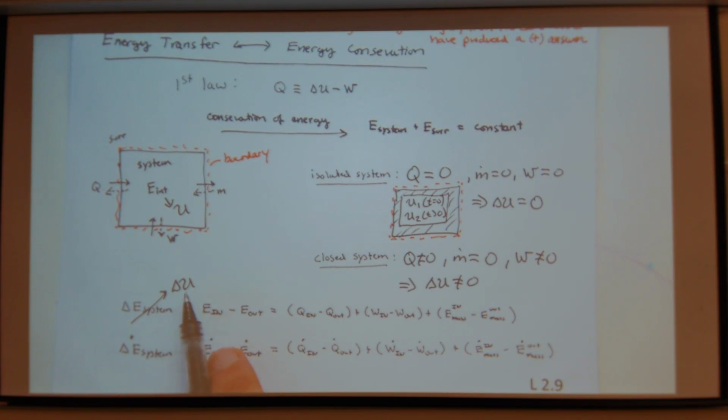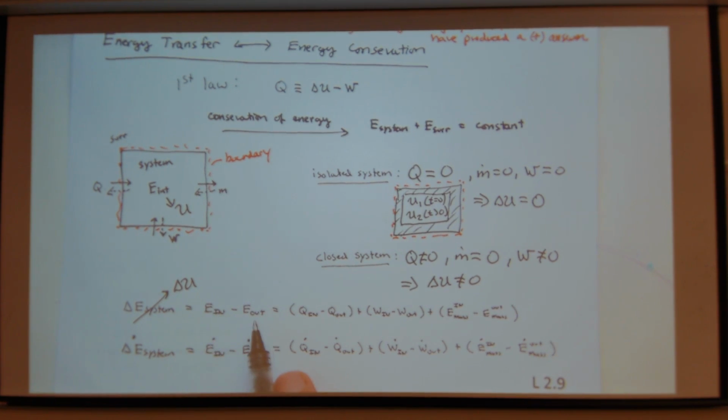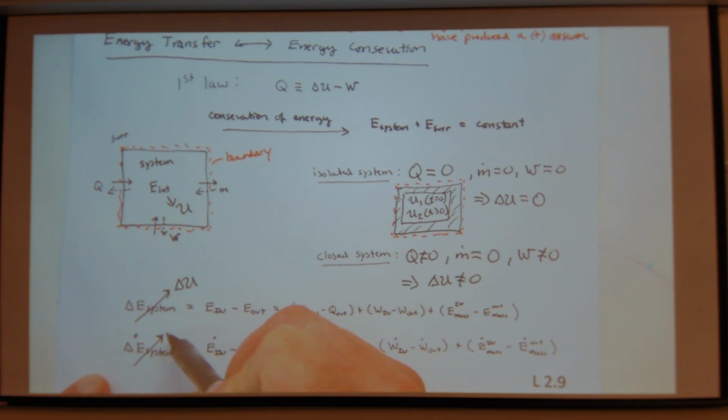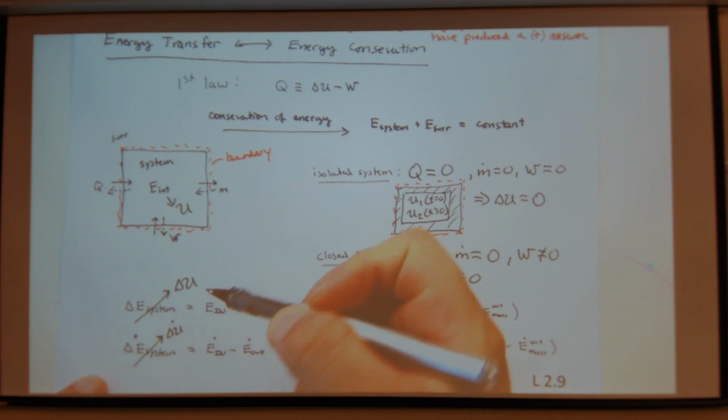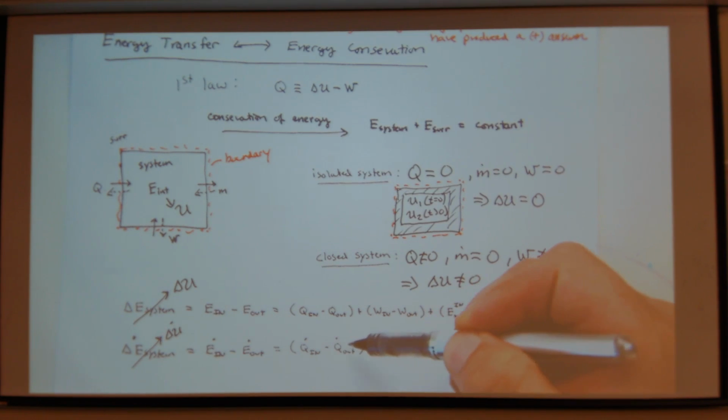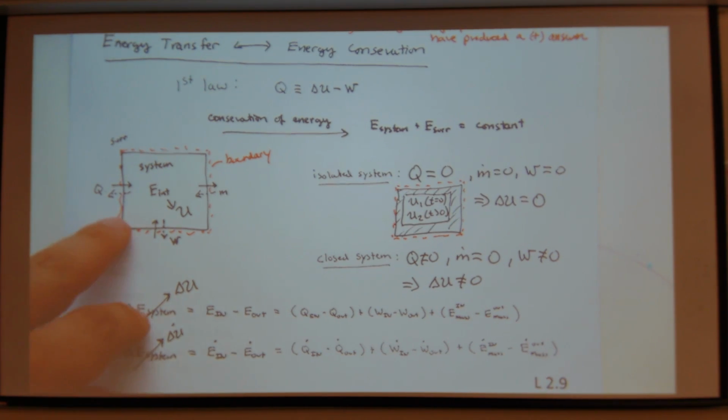So the change in internal energy, or the change in energy in my system, equals all the forms of energy in minus all the forms of energy out. Okay. And I can put this in rate form. Likewise, delta U dot. The rate of heat in, the rate of heat out, work in, work out, mass in, mass out.